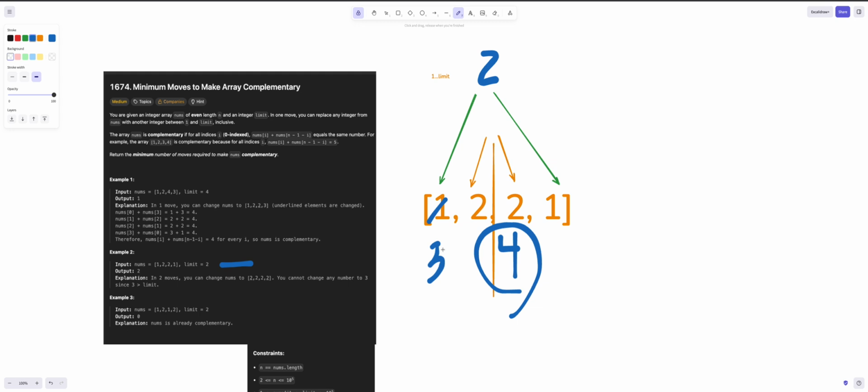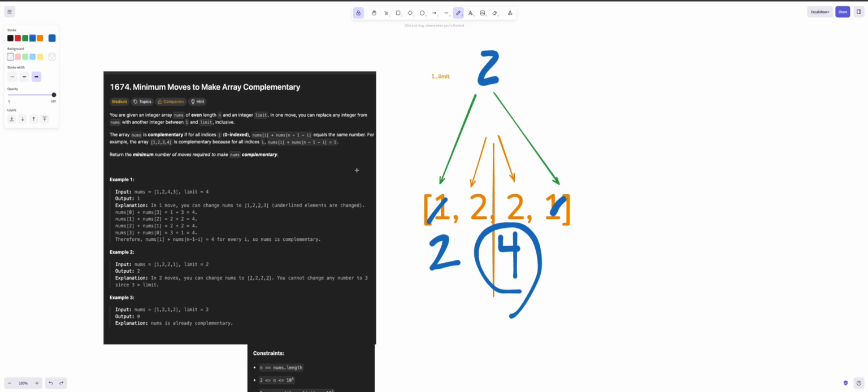Just 2 options. So how do we change that? We change 1 into 2, 1 into 2. That total combination becomes 4 in here, and that makes our array become complementary, and our minimum move is 4. Sorry, not 4. Our minimum move is 2.